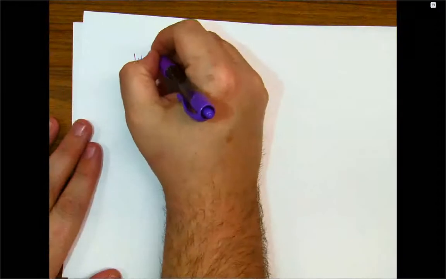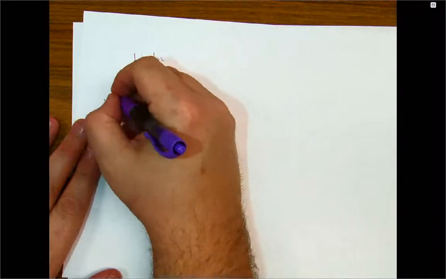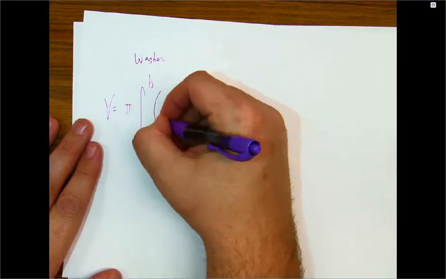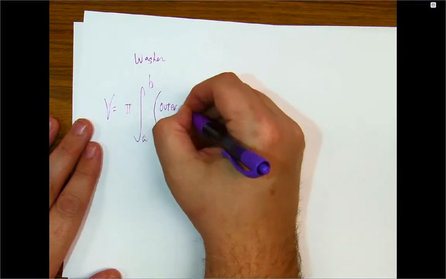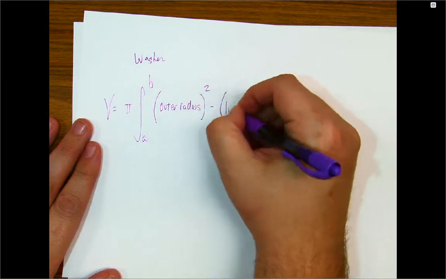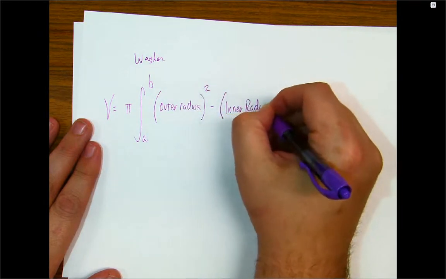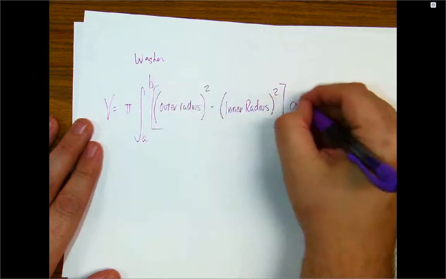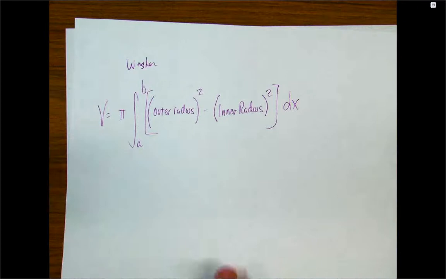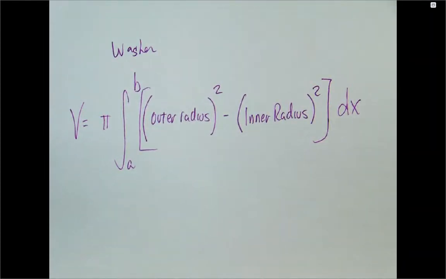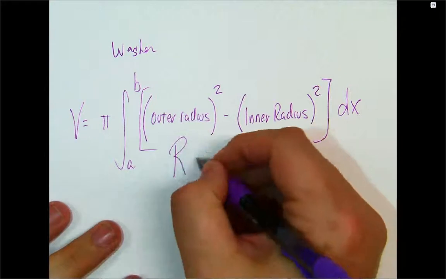Volume is going to be equal to pi from A to B. We're going to go outer radius squared minus inner radius squared dx. You'll see this as big R squared minus little r squared.